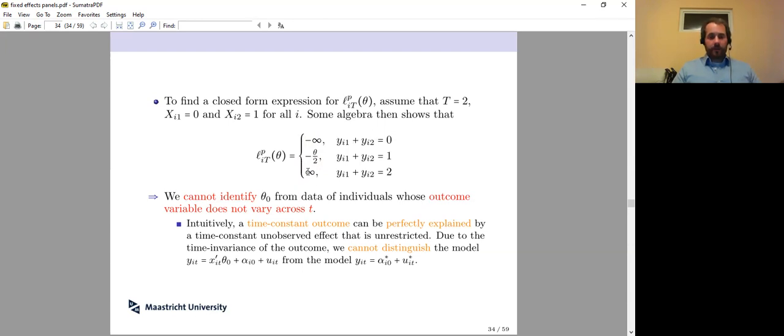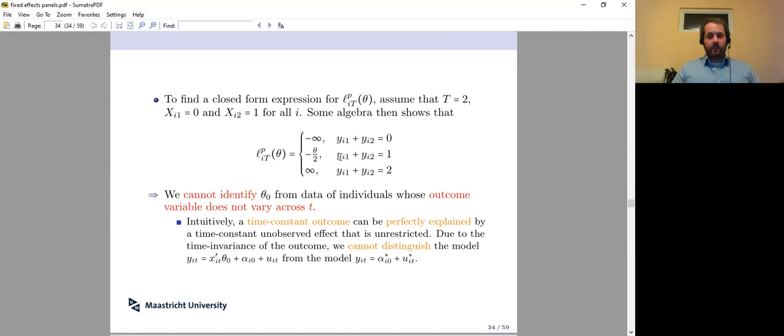It's also plus infinity, doesn't really exist, if both y's are 1. And the only thing that makes sense is when either y1 is 1 and y2 is 0, or the other way around. So what this shows is that the parameter is not identified for individuals where the outcome does not vary over time.